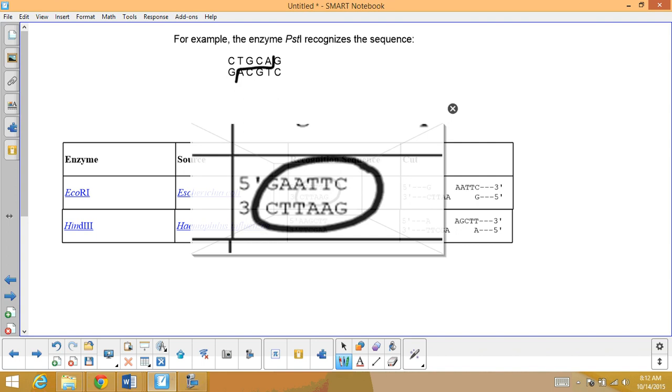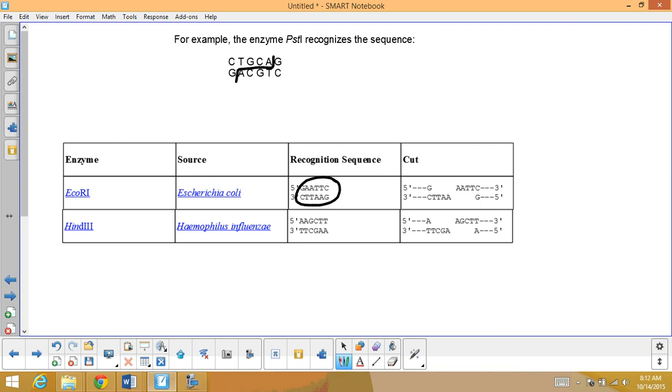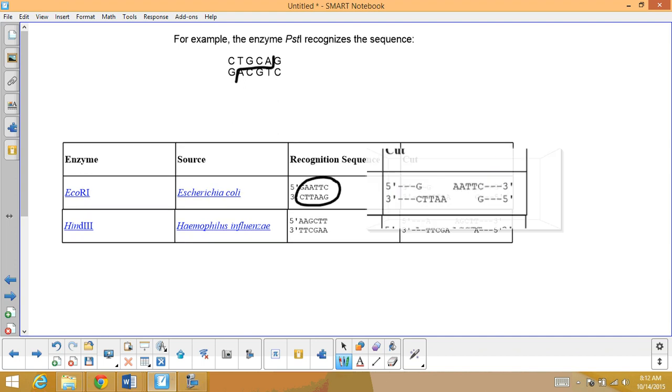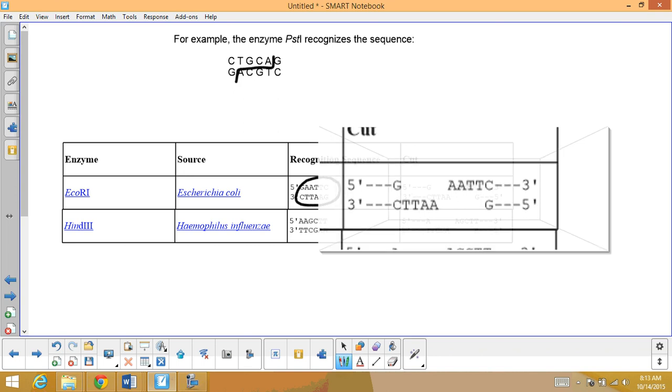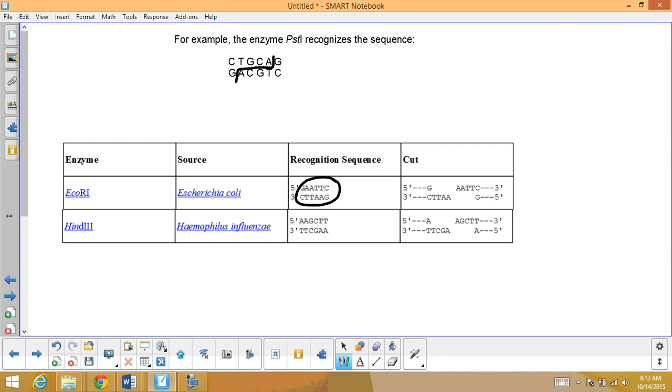Once you find that sequence, you have to cut it. And EcoRI cuts that very specifically. The G gets cut away from AATTC and CTTAAG. It gets cut down there. And it looks like we were to take this guy.